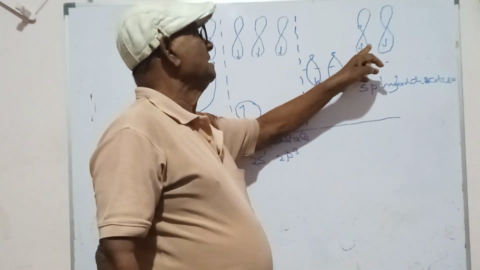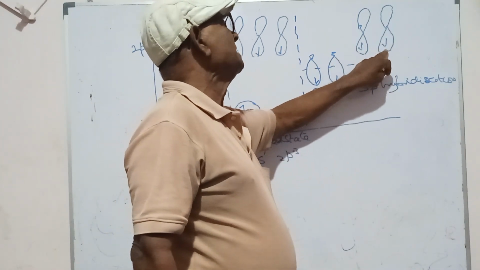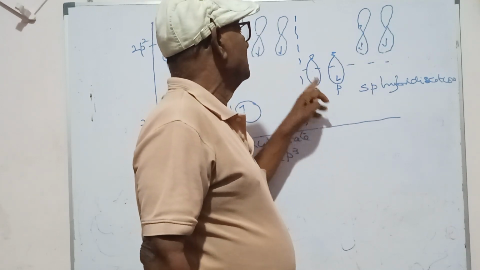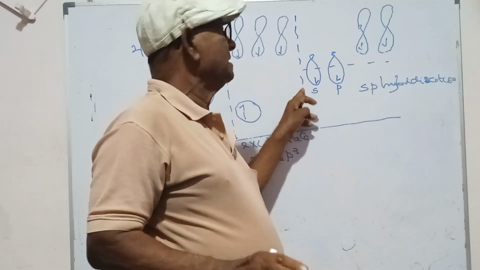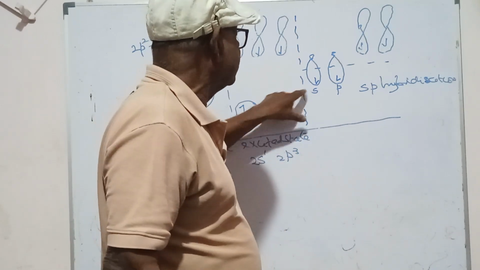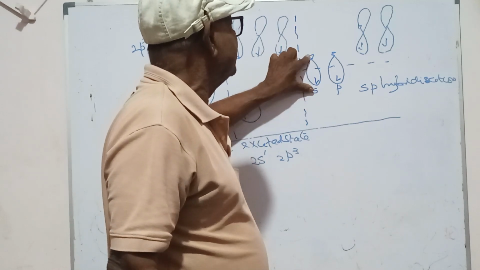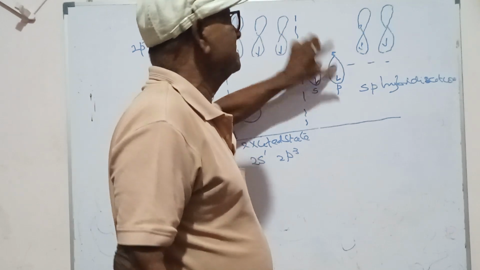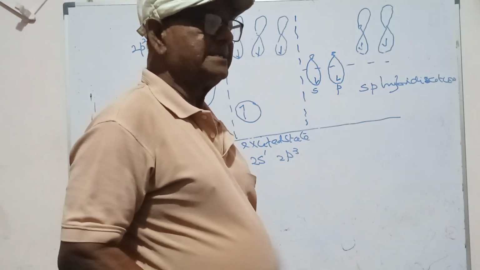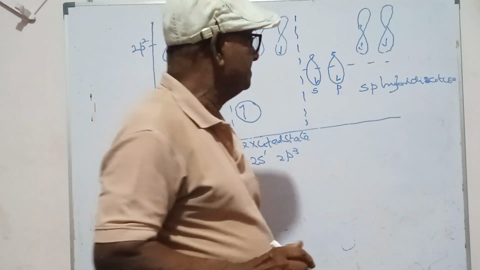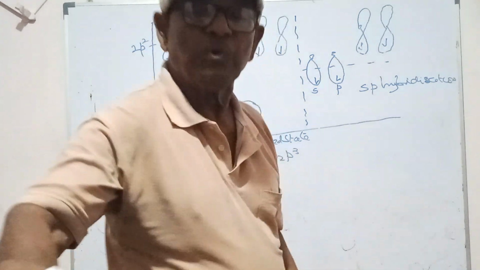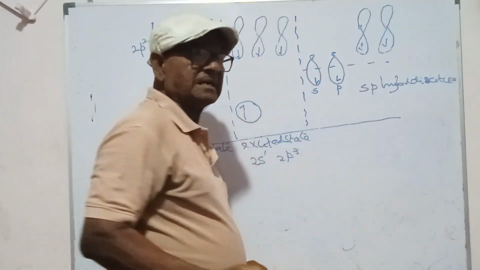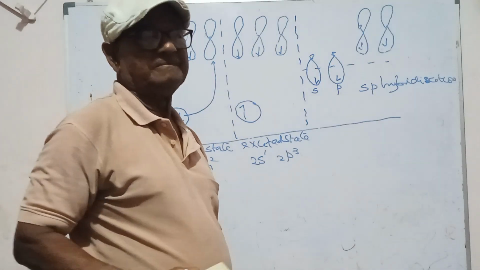It has unhybridized 2p orbitals with dumbbell shape. These hybridized orbitals mix s character and p character, and give different identical orbitals. Right? Then I'll explain how these four orbitals are arranged around the nucleus of carbon.